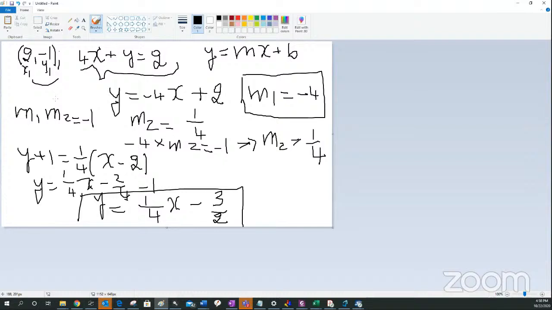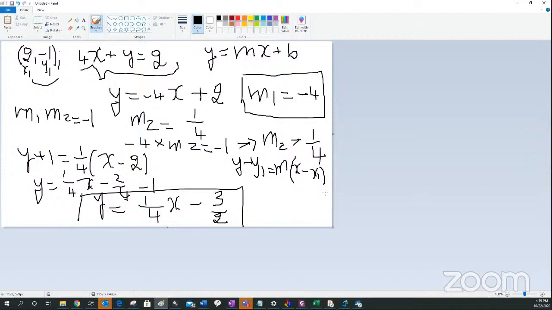So, okay, you got it from here, right? So we have y plus 1 equal to 1 over 4 times x minus 2, which is this 2. I'm using the formula y minus y1 equals m times x minus x1.